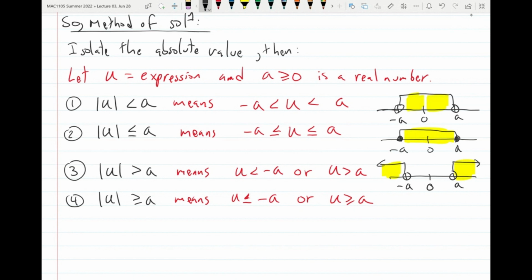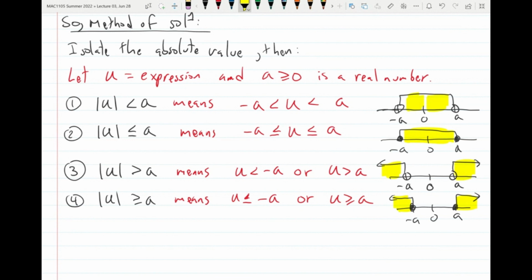And the picture for the last one is the same thing, it's just closed circles. Okay, so if you forget this part right here, then just draw the picture, and the picture will remind you how to do it. Okay.